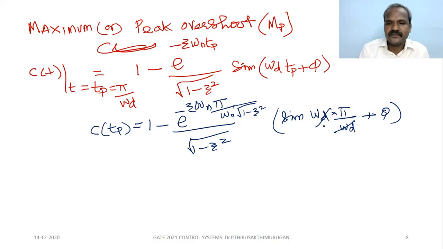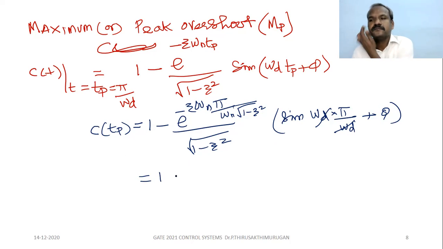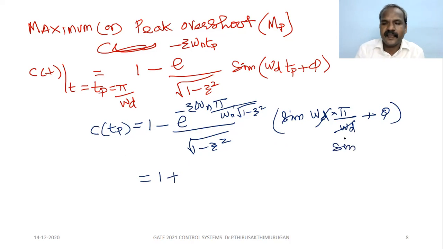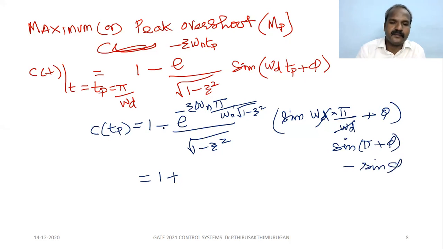So sine of pi plus phi is in the third quadrant, so it becomes minus sine phi, and here it becomes plus.